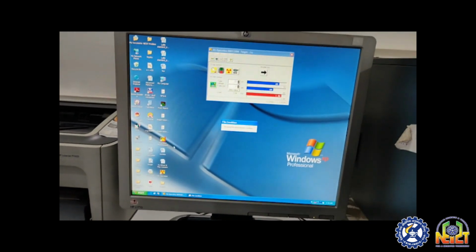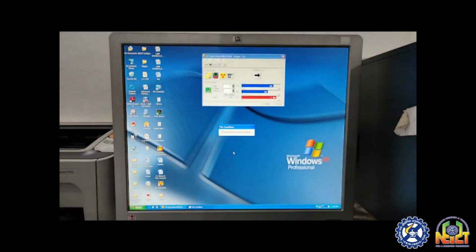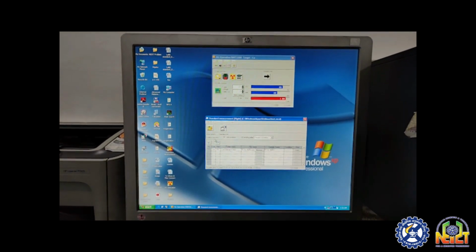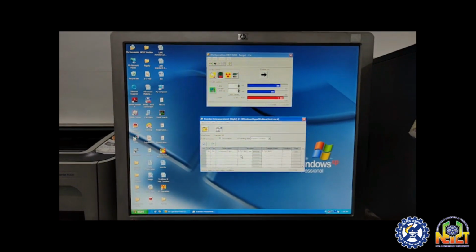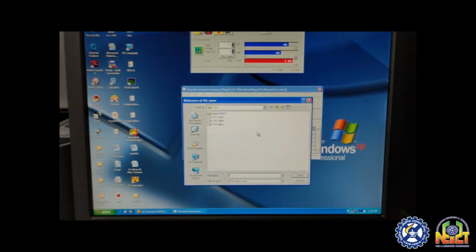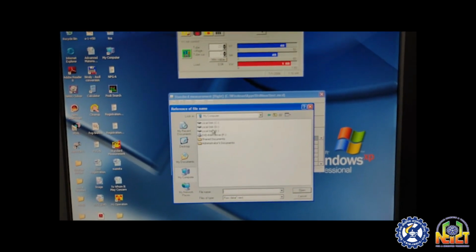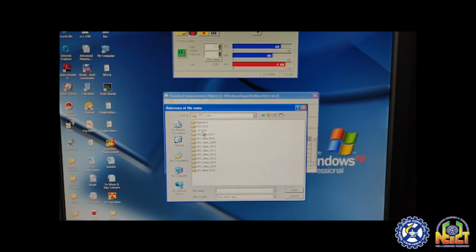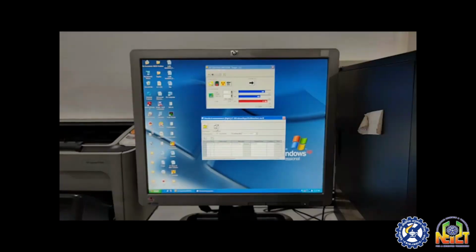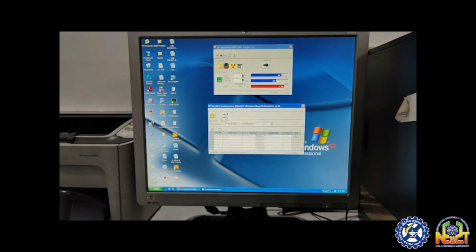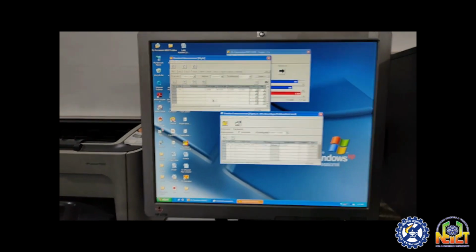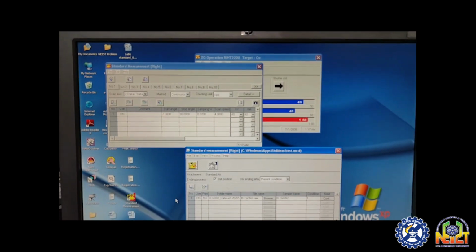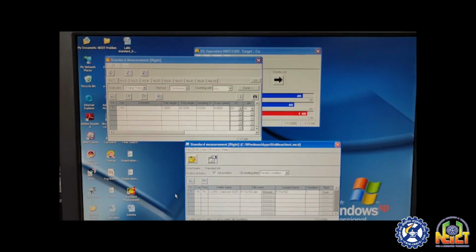This one is standard measurement. First of all, we should store the data. We should set the required condition. This is the theta angle. Suppose our sample requires 2 theta scanning from 2 degree to 90 degree.